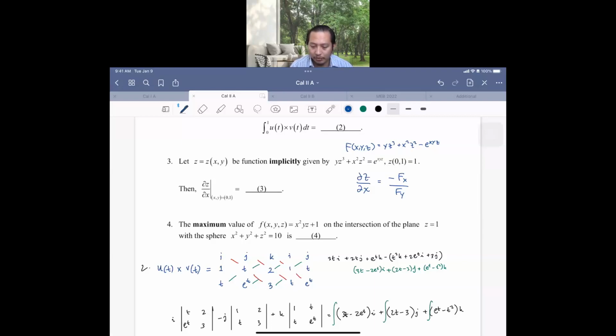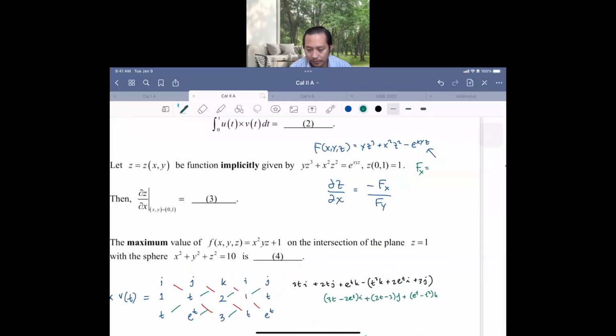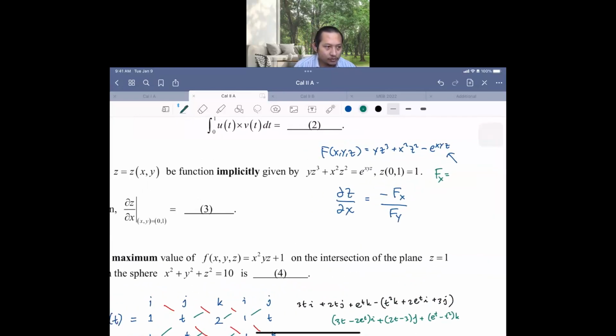So if you would like to take from here, then we can look at the partial x. Okay, f_x is 2xz squared, and then minus yz e^(xyz). Oh, y. I'm writing y here. Should be z.